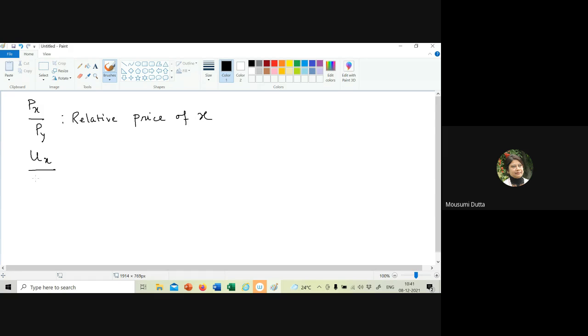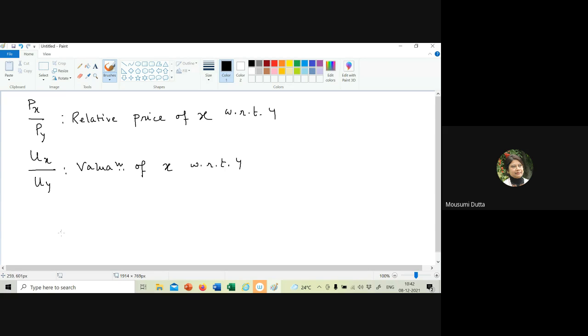So px by py to any consumer is the relative price of x. That is how much I am paying with respect to the price of y. On the other hand, mux by muy is the valuation of x with respect to y.